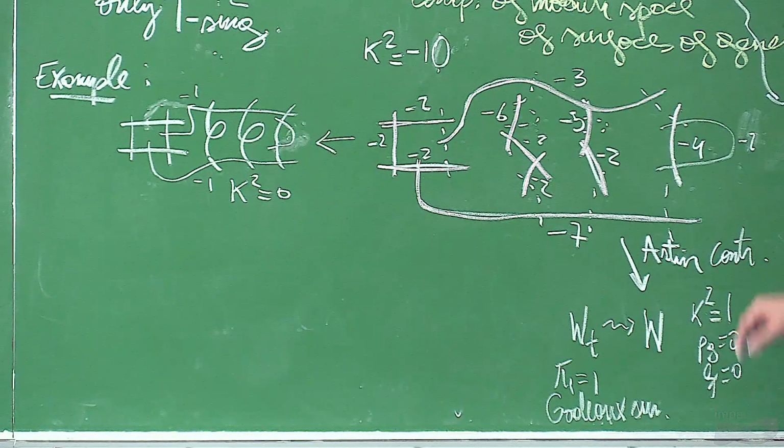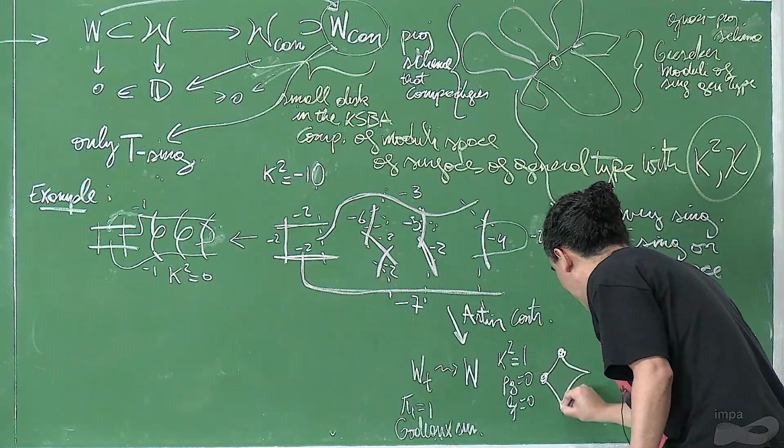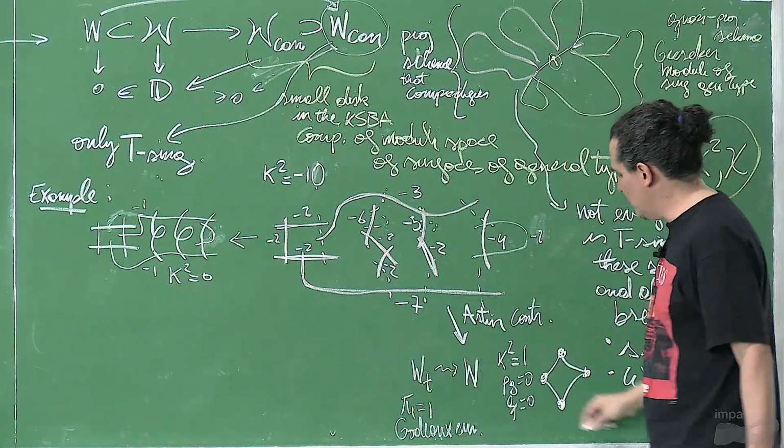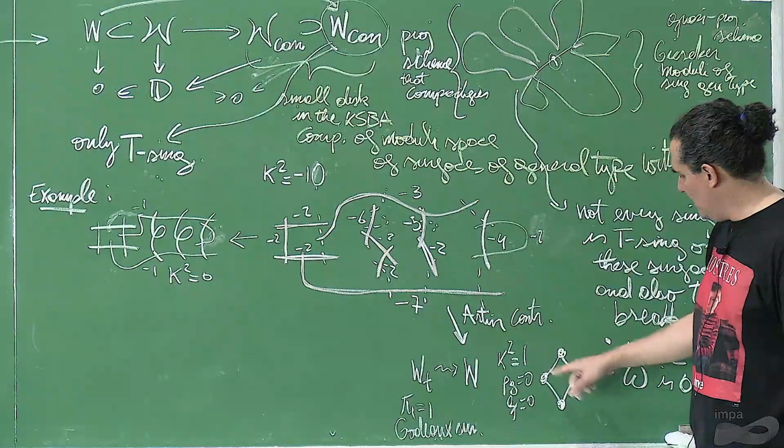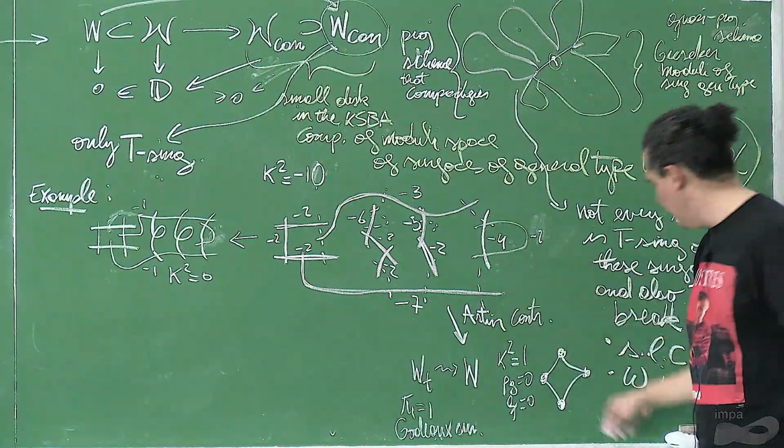But now, here there are no obstructions. You have a surface like this with 4 singularities. And there are no obstructions, so now you can choose, well, maybe I want to smooth all of them except this one, the 4.